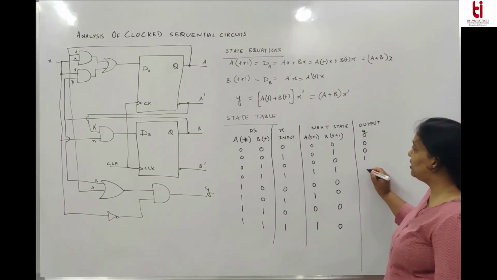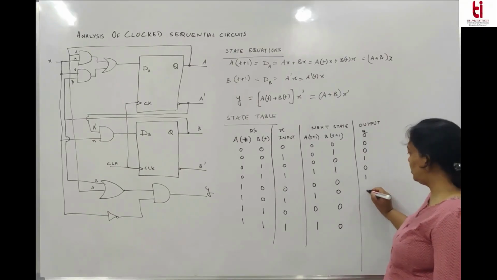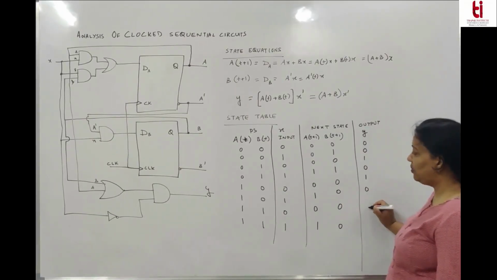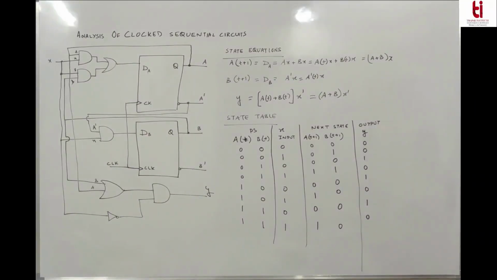Then 0, then 1, then 0, then 1. So this is Y. This is the state table. You should know how to write the state table.